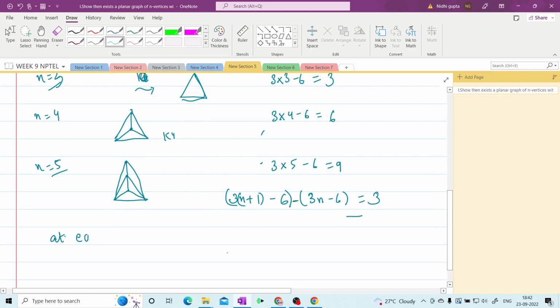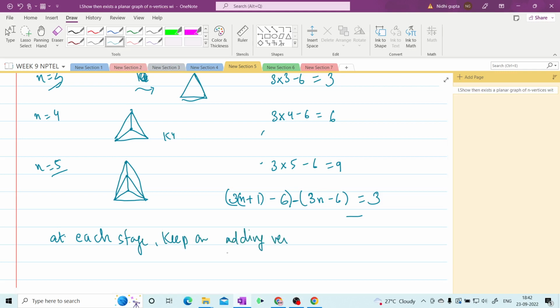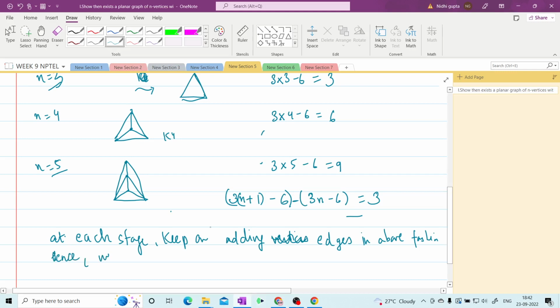At each stage keep on adding edges in the above fashion. Because for each number you have to add 3 more edges, we are done by induction.